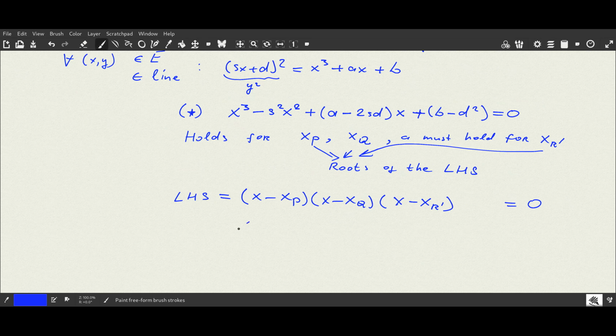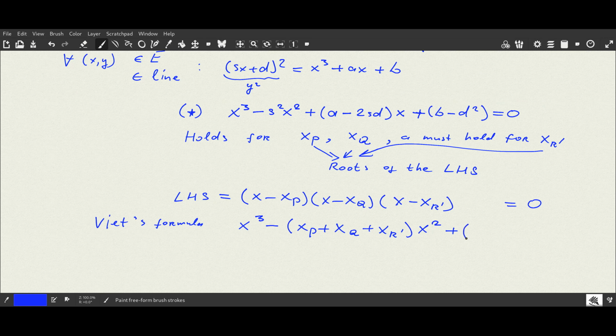This means that expanding makes x cubed minus, that's Viet formula actually, minus xp plus xq plus xr prime x squared plus, now the terms at x, they would come with plus because from each bracket we have x, and from two others we have a product minus, for example, xq minus xr prime.